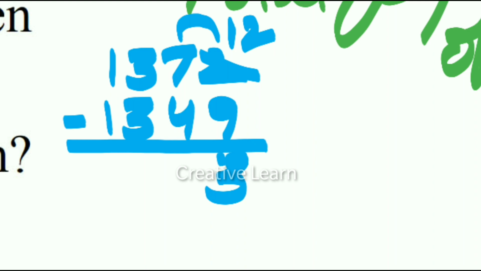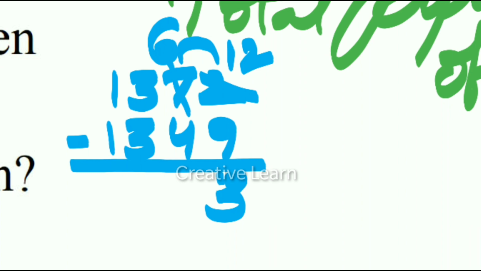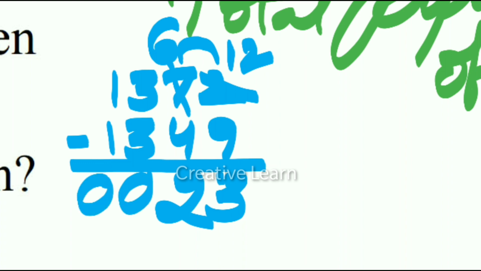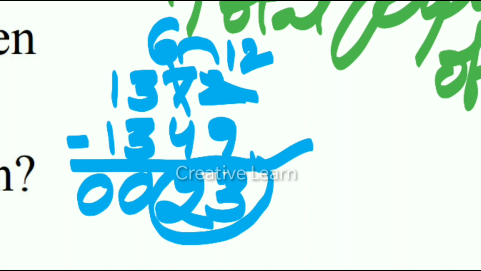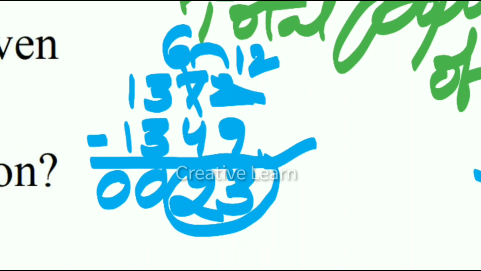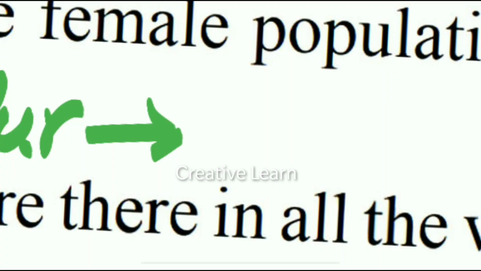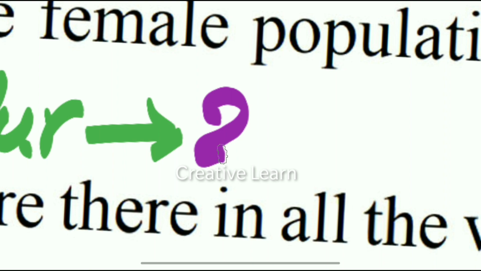Then here 7, but from this we have taken a borrow, so it becomes 6. 6 minus 4 is 2. Now 3 minus 3 is 0. 1 minus 1 is 0. So what is our answer? 23. So in Pedduru village, the female population is 23 members less than the male population. Let's write the answer here. 23 is our answer.